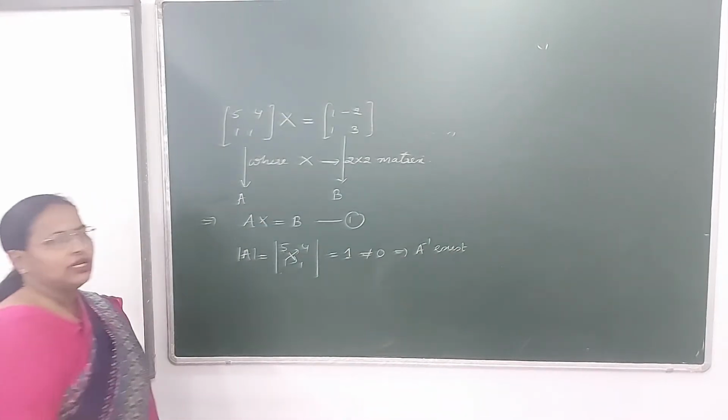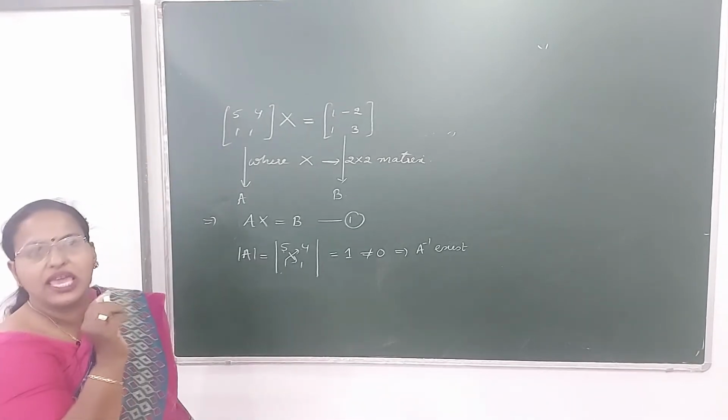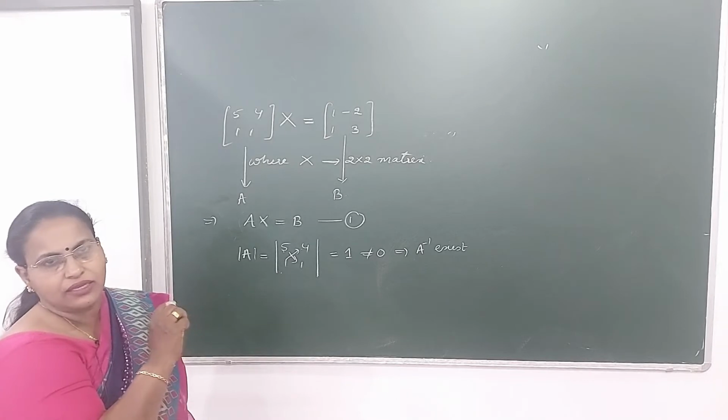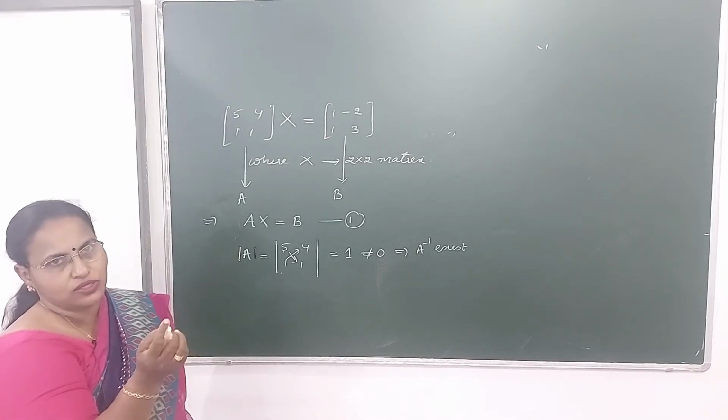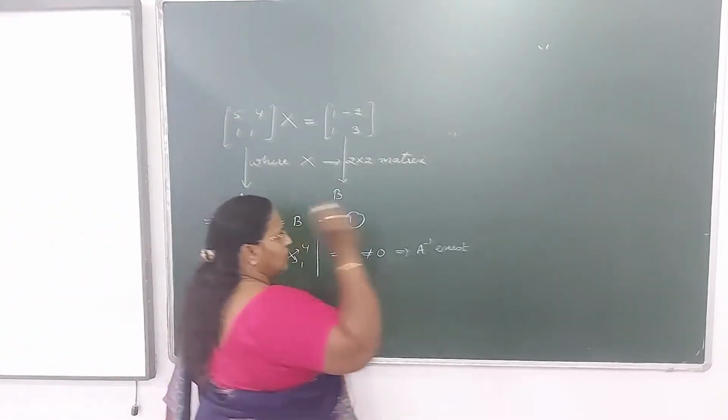Okay. Now equation 1 will be multiplied by A inverse. Now the question is where to multiply? Pre or post? See here, post multiplication cannot be done. Why so?